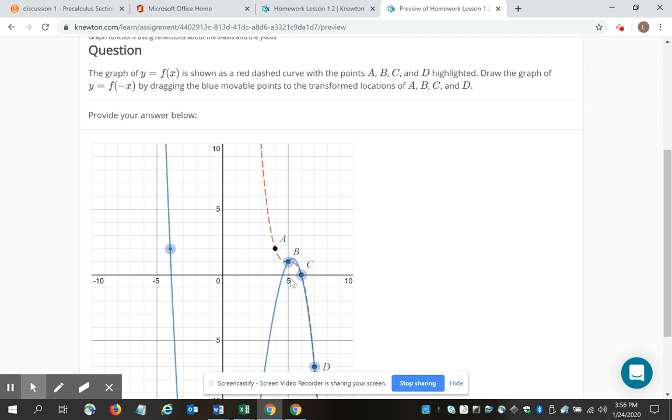B is at 5, 1, so I'm going to end up at negative 5, 1. C is at 6, 0. And D is at 7, so we want to end up at negative 7. Let me see.